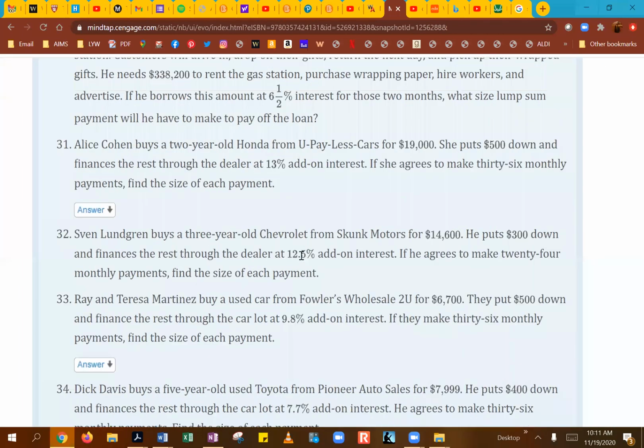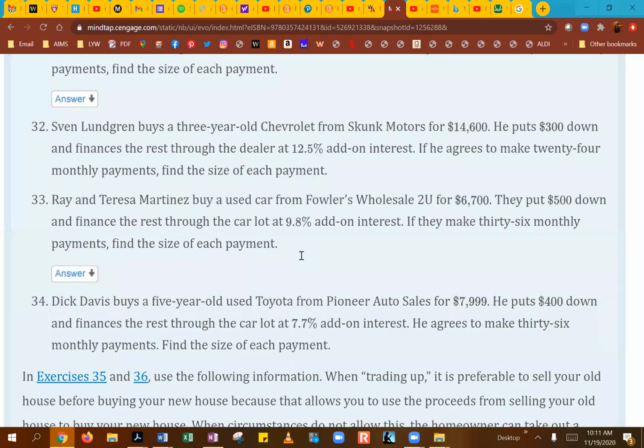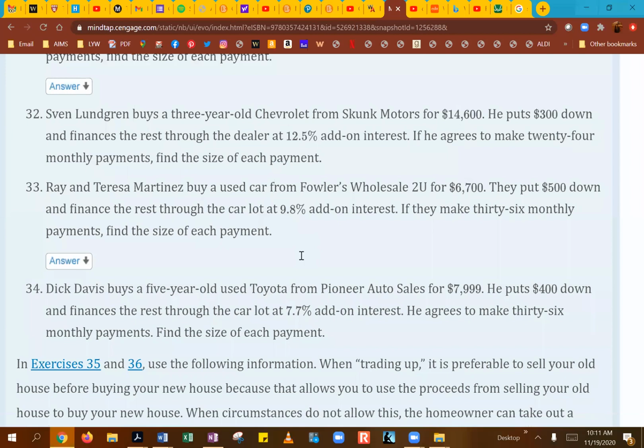So let's look at number 32 over here. Okay, so this one is saying Sven Lundgren buys a 3-year-old Chevrolet from Skunk Motors for $14,600.